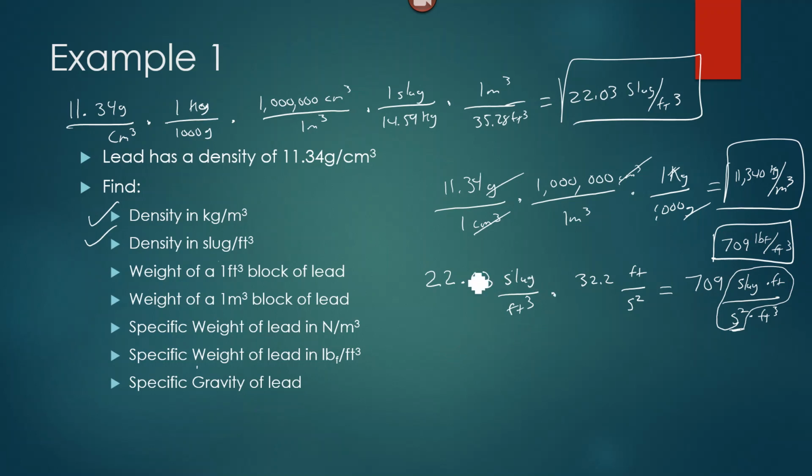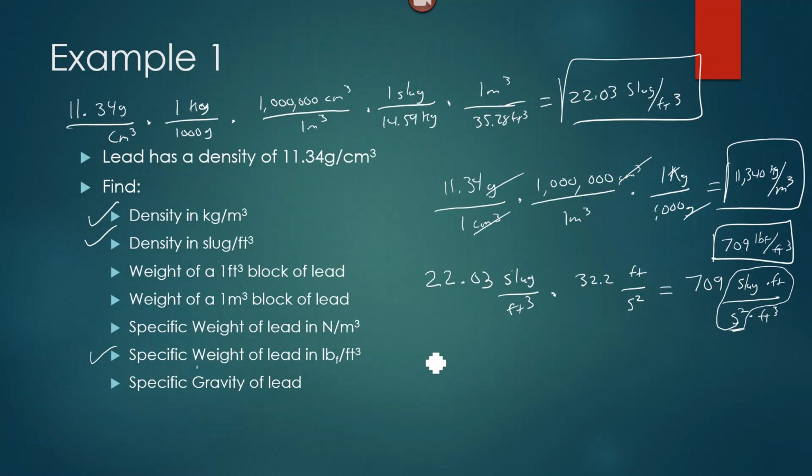And again, this is a conversion in between density and specific weight. So we've got our specific weight here, and then specific weight in Newton per meter cubed. Again, we can do the same thing.